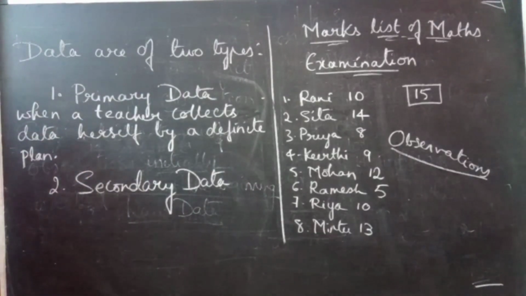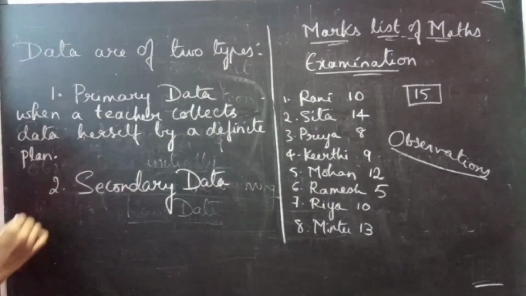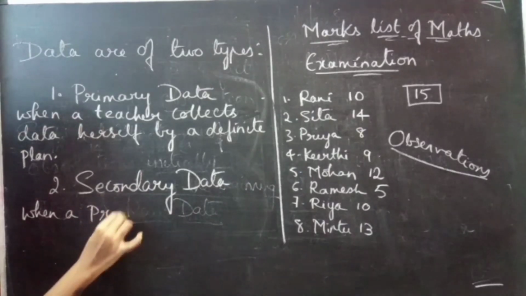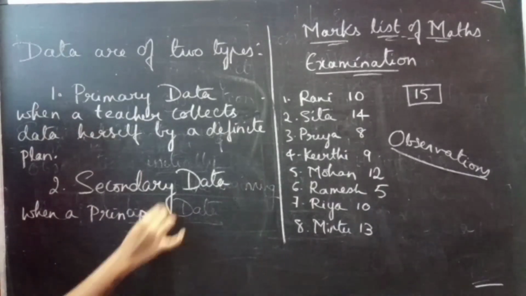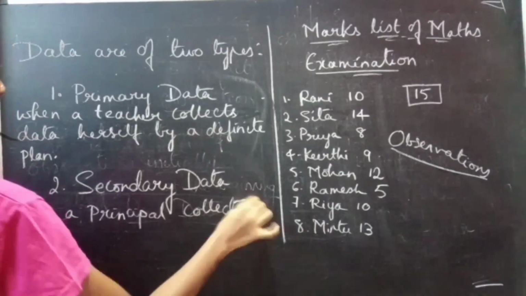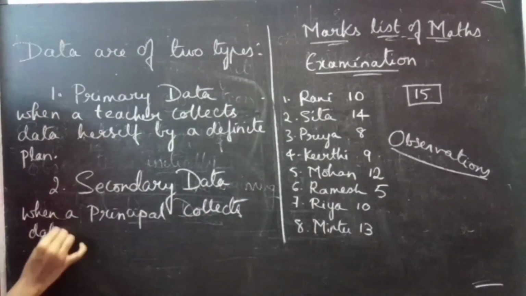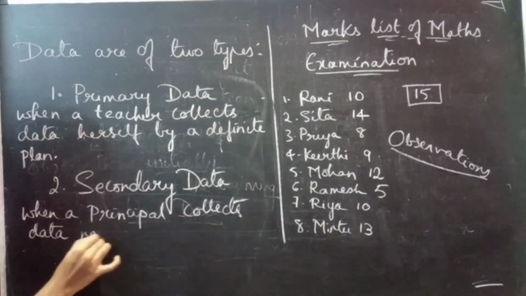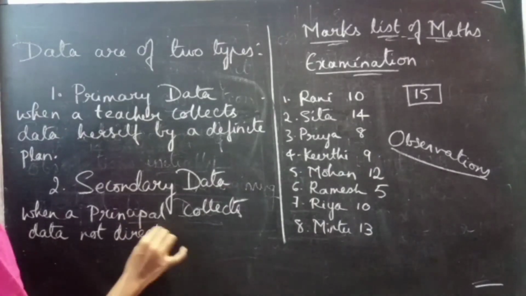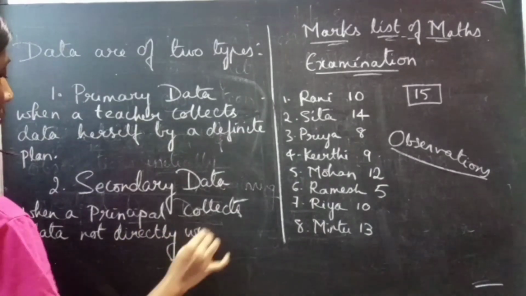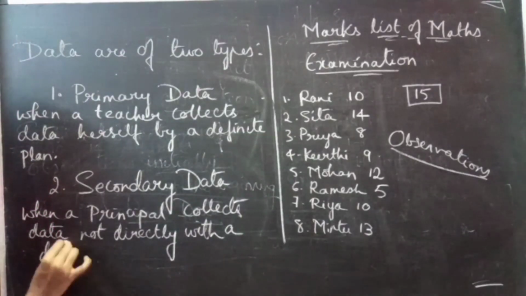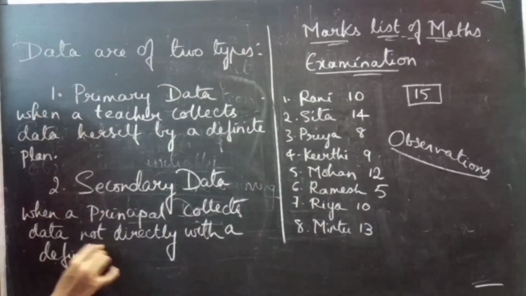Coming to secondary data: when a principal collects data not directly, with a definite plan.